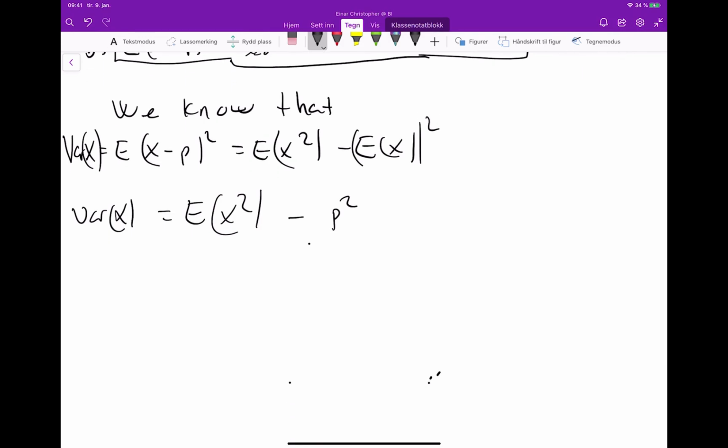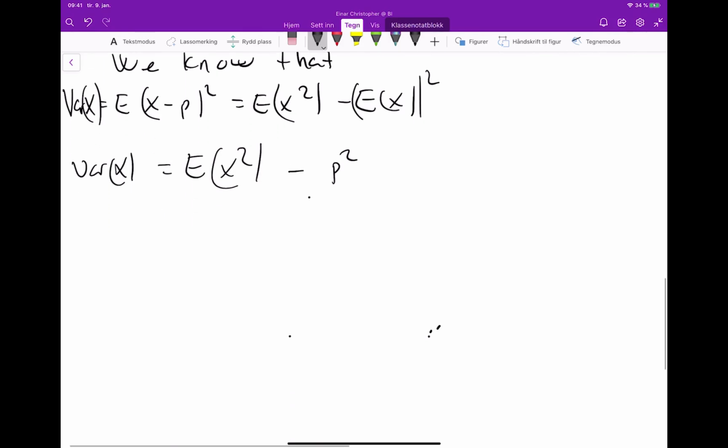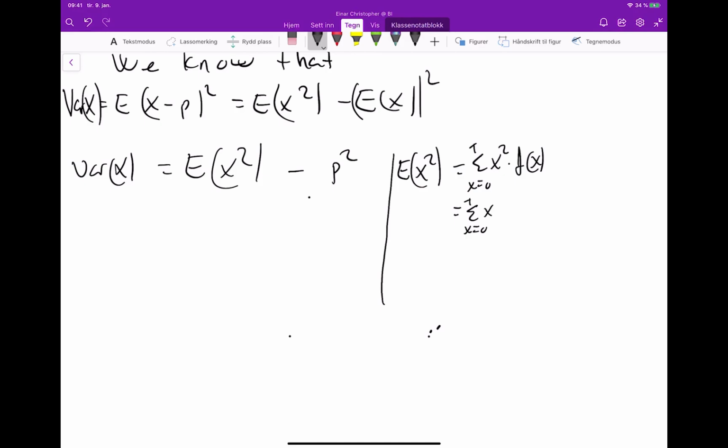So then we just have to understand what this expectation of x in the power of 2 is, and that we have to compute on the side here. So the expectation of x in the power of 2 equals sum x equals 0 to 1, x in the power of 2 times f of x. And then I fill in for f of x, which we know is p in the power of x times 1 minus p in the power of 1 minus x.